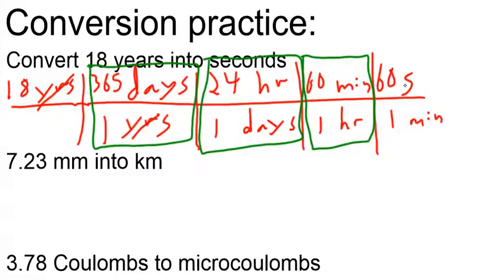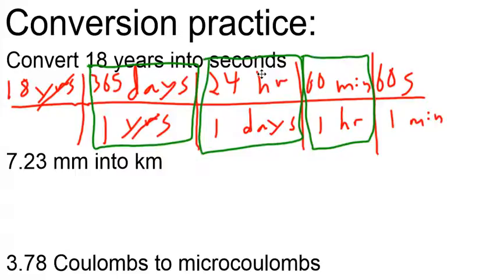And so when you work this out, you multiply across on top, you multiply across on bottom, and then divide the top by the bottom. In this case, the bottom has all 1s, so all we need to do is multiply across on top, and we get 18 times 365 times 24 times 60 times 60.